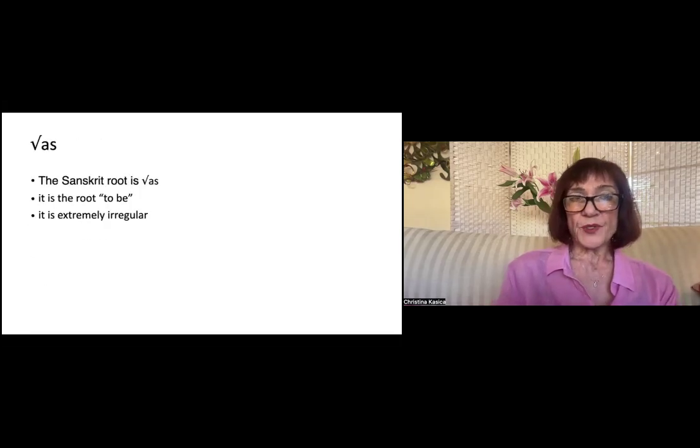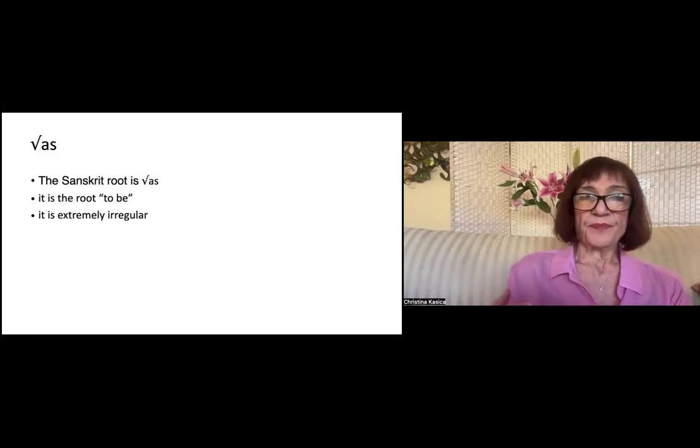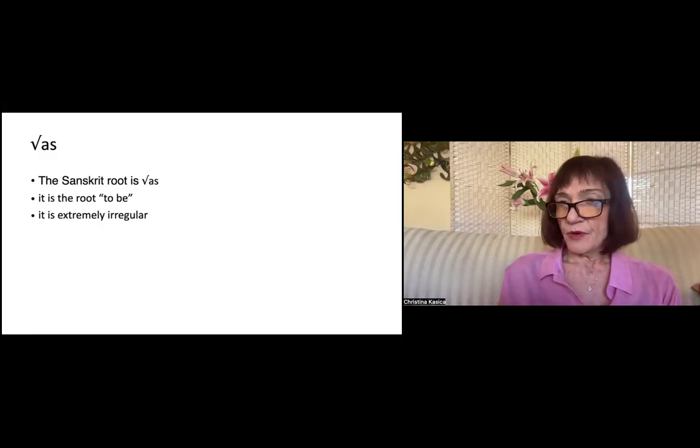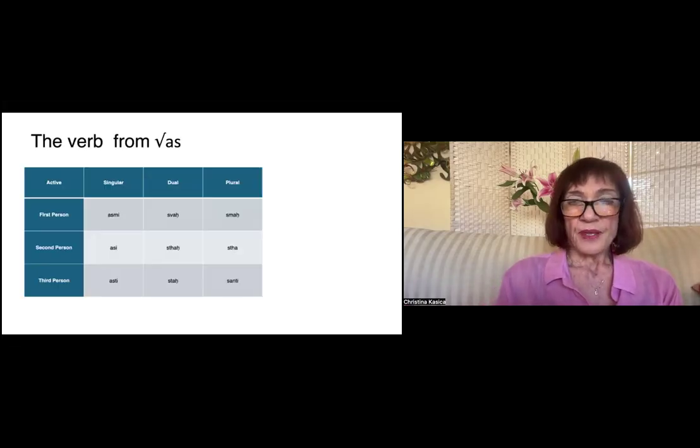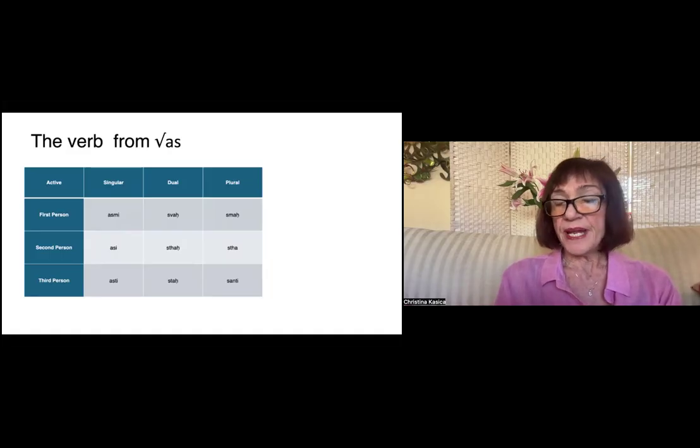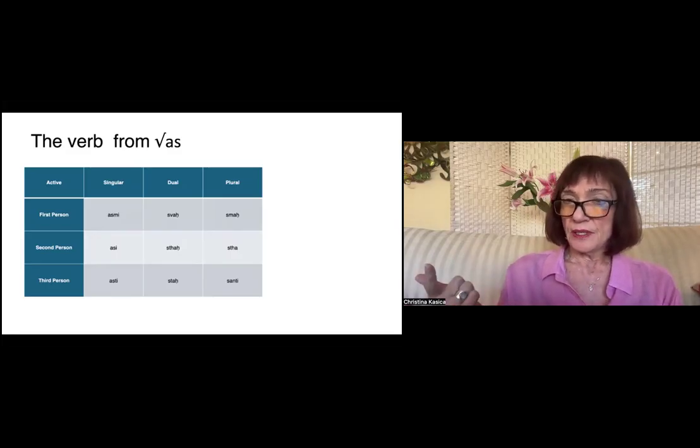So the Sanskrit root is us. It's the root of the verb to be, and it's very irregular. Next slide. Here it is. So it's an active verb. And in Sanskrit, we have 3 numbers for each verb: singular, dual, and plural.